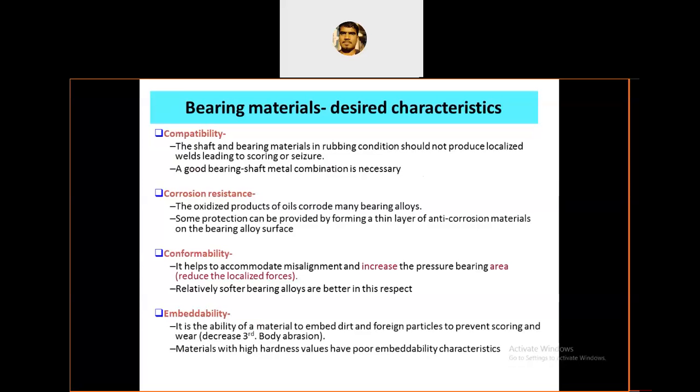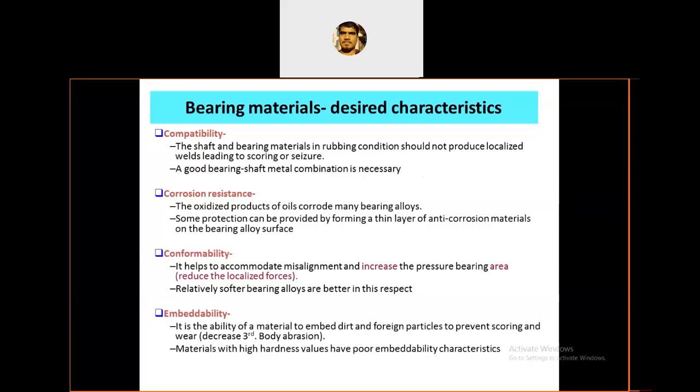After that, the next property is conformability, which helps to accommodate misalignment. We already know that the shaft as well as the journal are always subjected to high loading or high speed. In that situation, what happens?